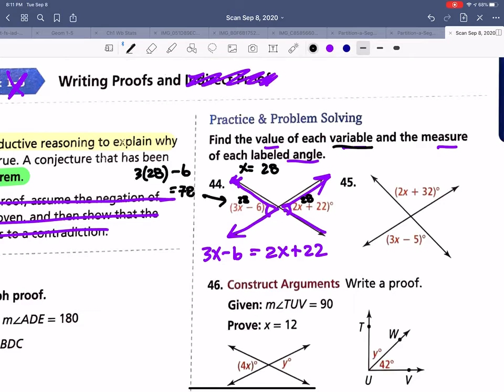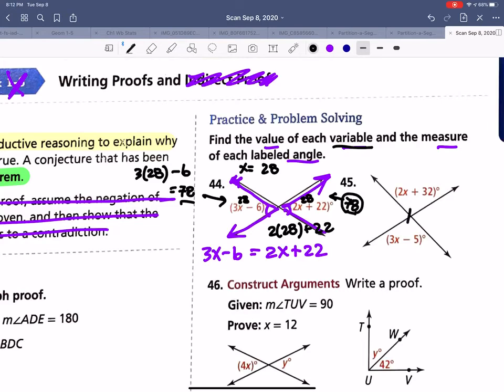Now let's do the same over here. 2 times 28 plus 22. 78. Okay, that should make me happy because vertical angles are congruent. So the measure of each angle is 78.